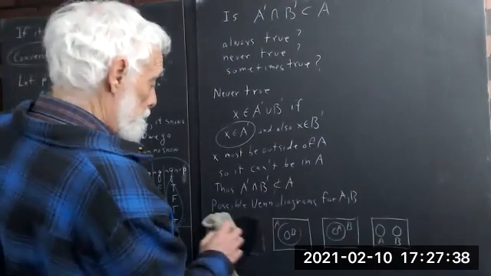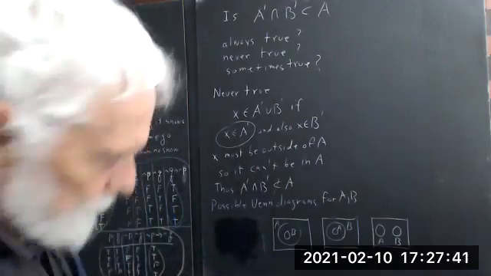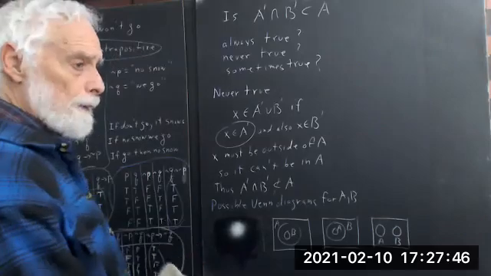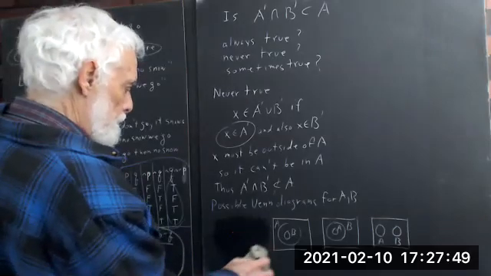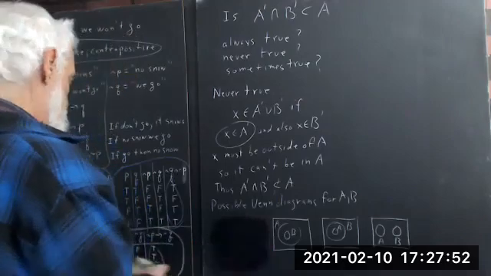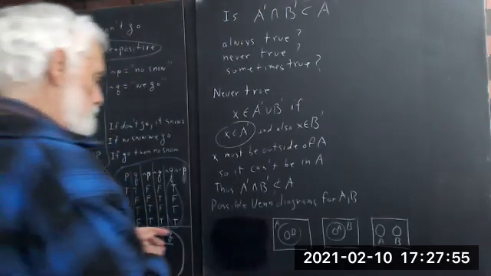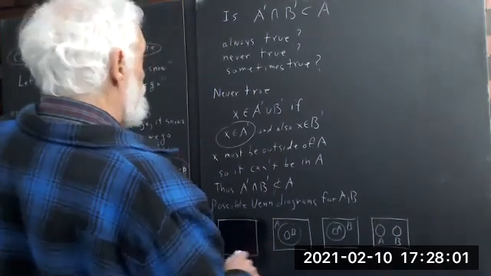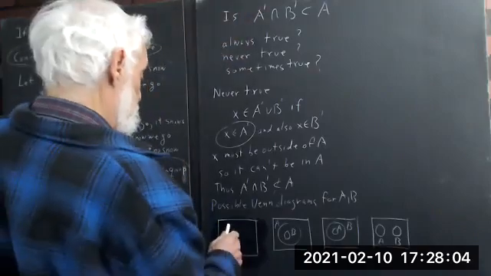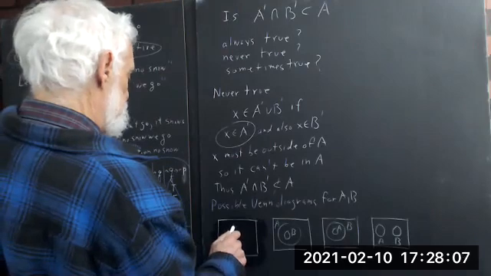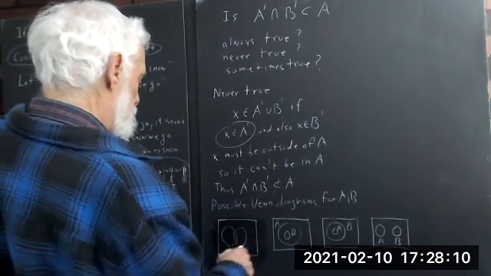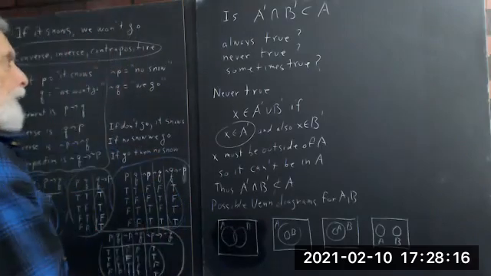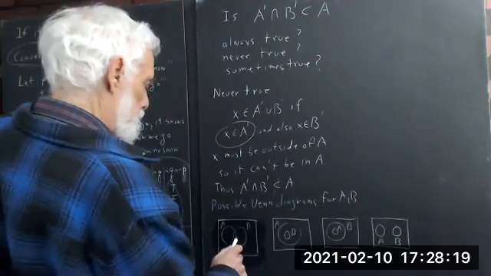We have to redo that. I didn't shade that right. I shaded it right for what I was thinking, but not for what we said. Here's A, here's B. A prime is everything outside of A.